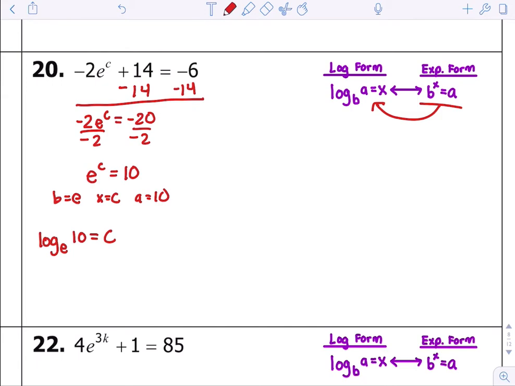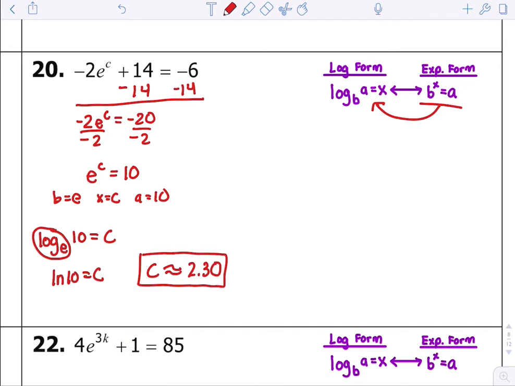So let's just solve for c, and we know log base e is just ln, so ln of 10 is equal to c. So c is, put ln 10 into your calculator, and it's going to be 2.30.